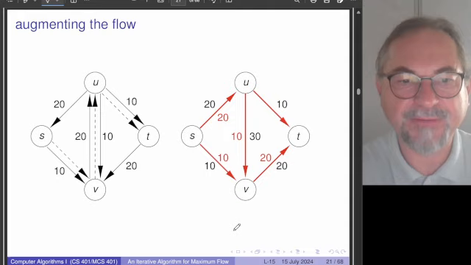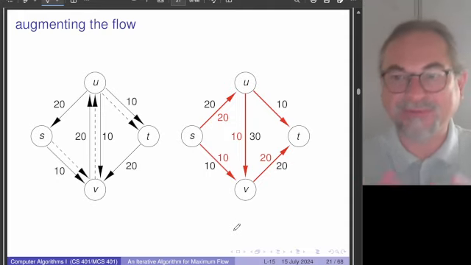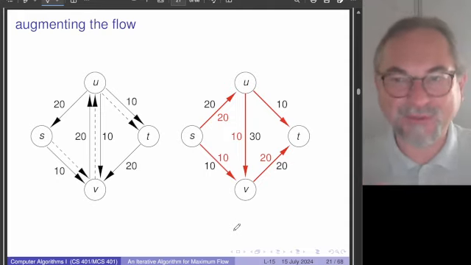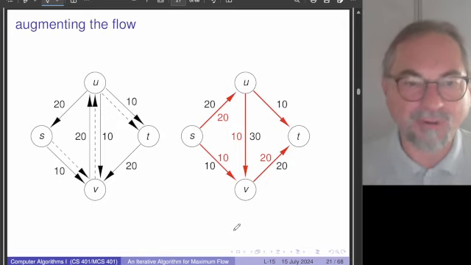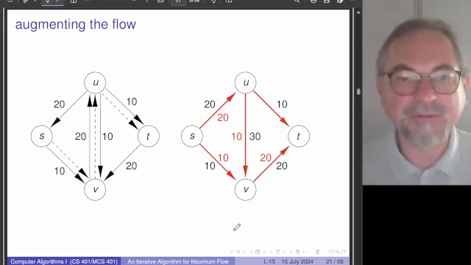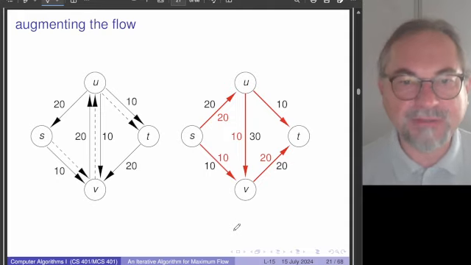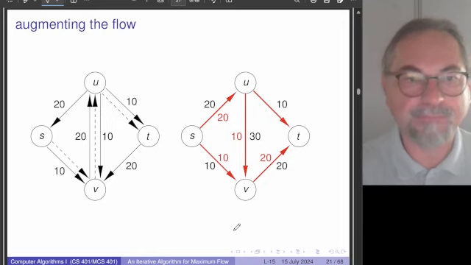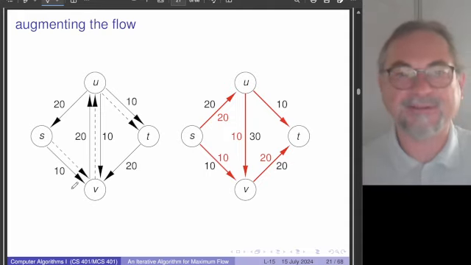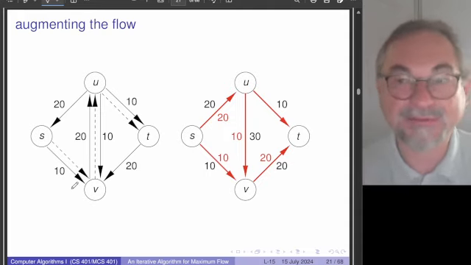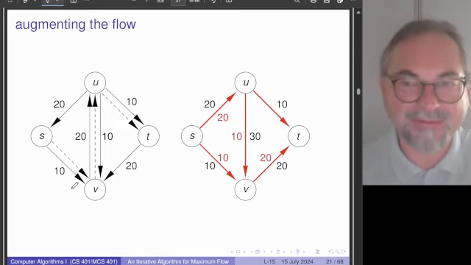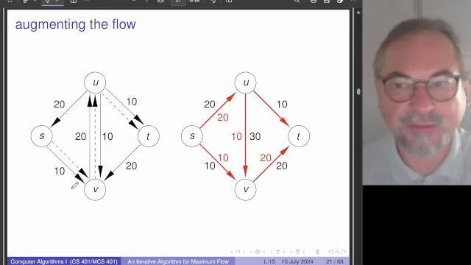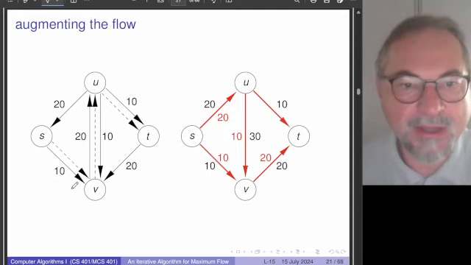This simplest non-trivial example is good enough to illustrate all cases in the algorithm. So you see the bottleneck is 10, I should have pointed that out. We have 10 everywhere, so the bottleneck is 10.